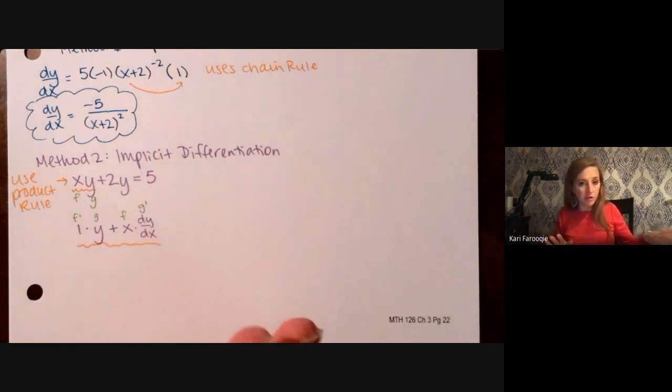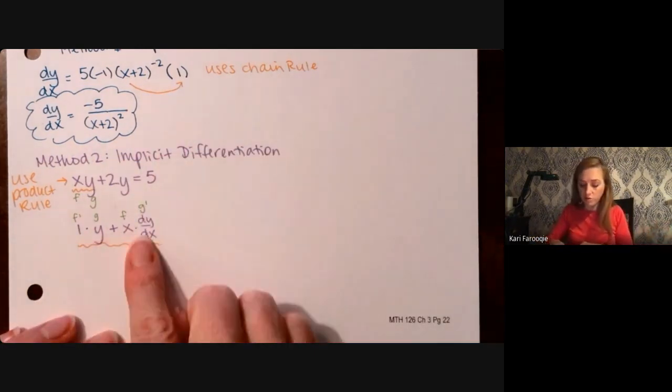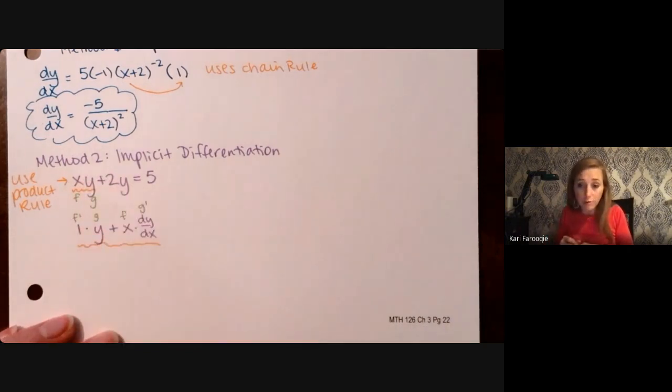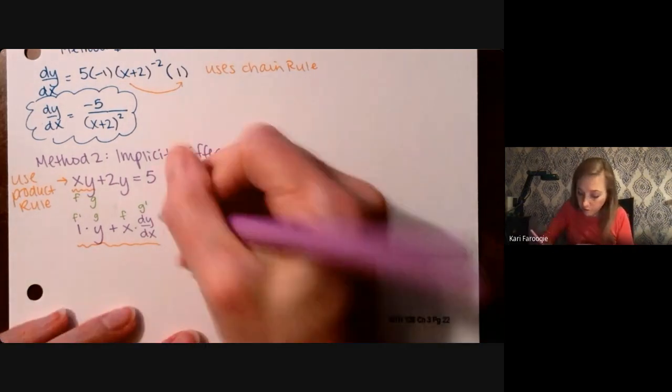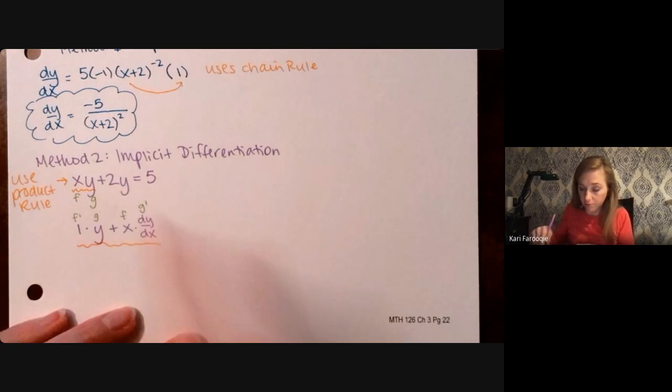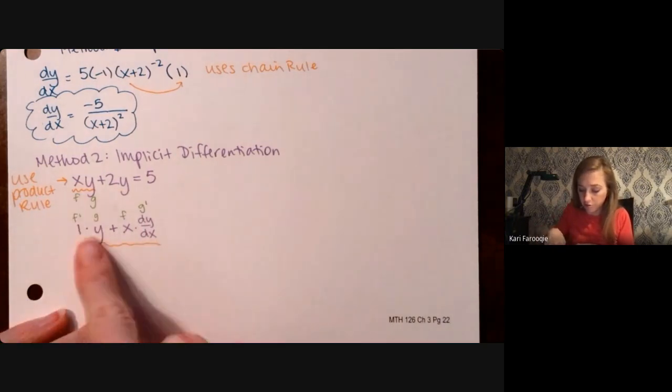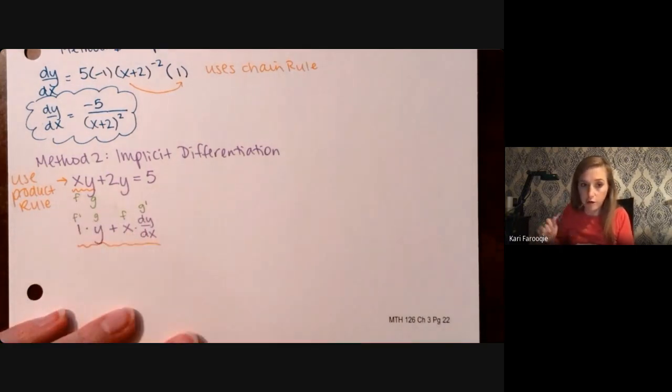Don't be fooled, because I know now it looks like, oh, we have two terms. I started out with two terms. Remember, when you use the product rule, you're introducing an additional term that you didn't have already. So I still need to work on the derivative of the second term. But using the product rule, we get this two-term derivative for xy.